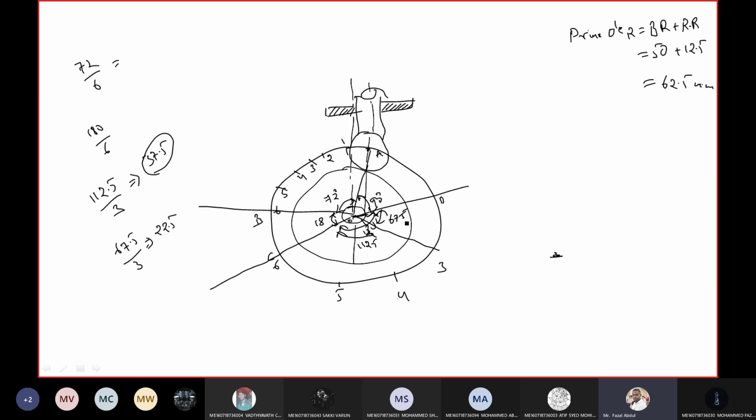Again divide the 67.5 into 3 equal parts. Maintain this much degree, 22.5. 1, 2, 3, then 2, 1, 0.